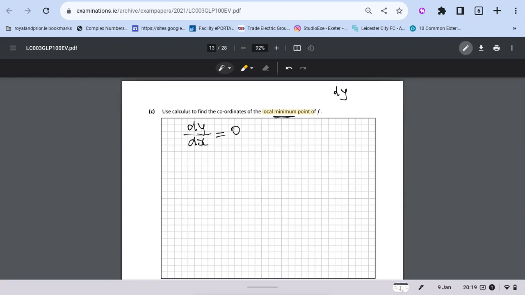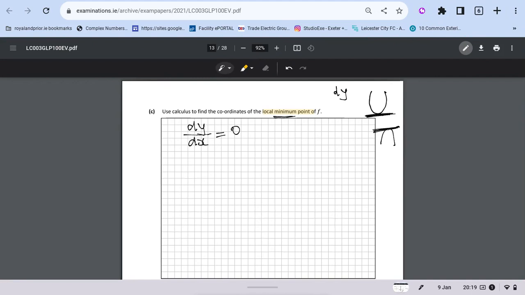The reason it's a minimum, remember we said your 3x squared is a U-shape, it only has a minimum turning point. If it was a minus x squared, it would have a maximum turning point. But the slope of that tangent is 0. So dy dx is equal to 0. I've got 3 or 4 out of 10 already.